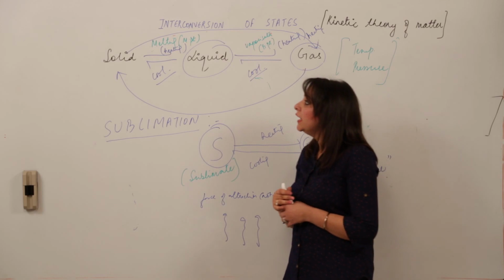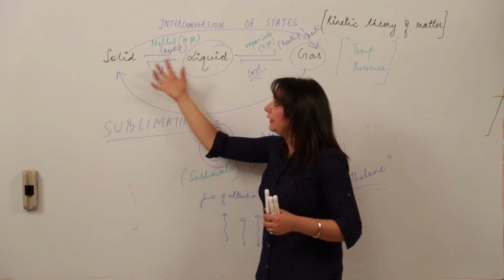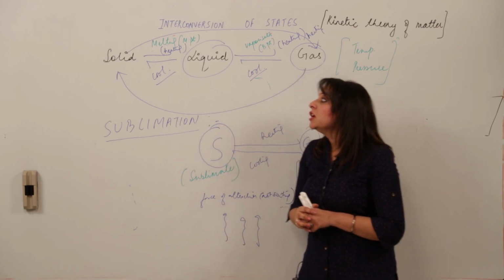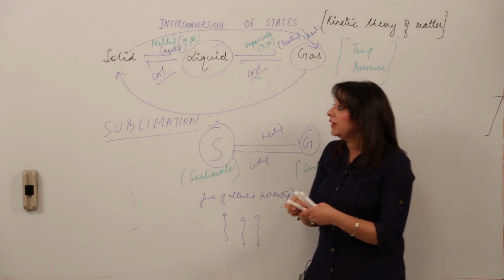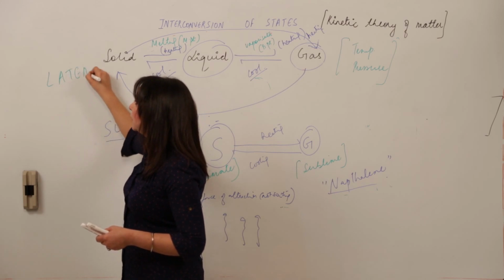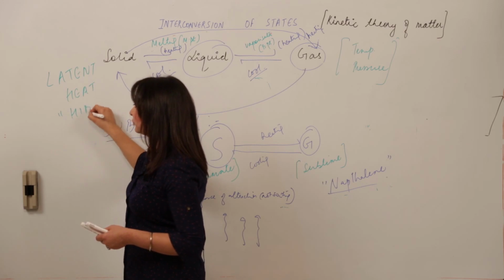So there is a special name here. The heat involved in changing the state, the heating or cooling, raising or decreasing the temperature, is given a special name, and that name is latent heat. That means a hidden heat.